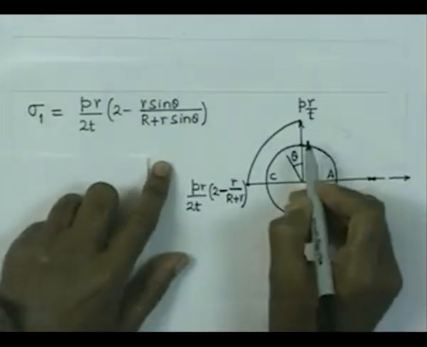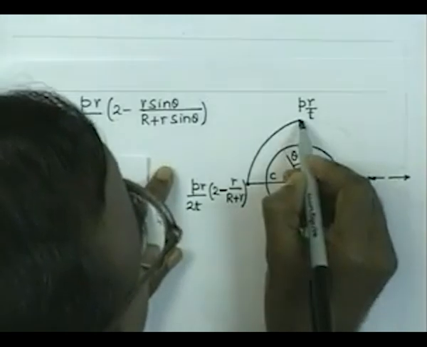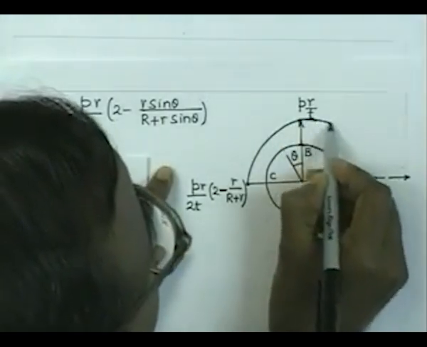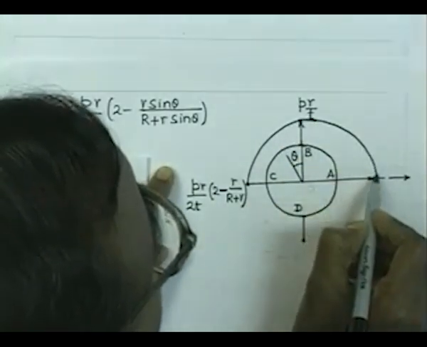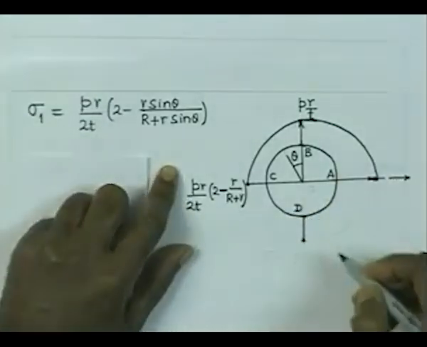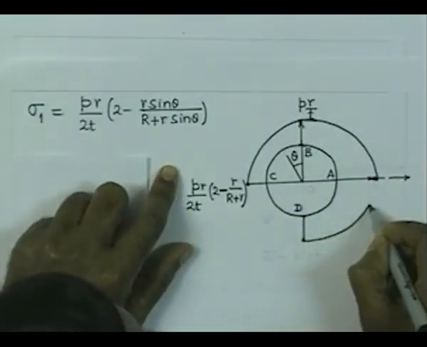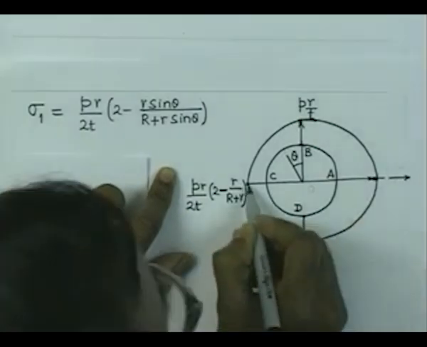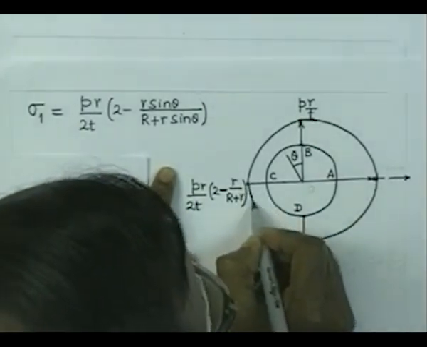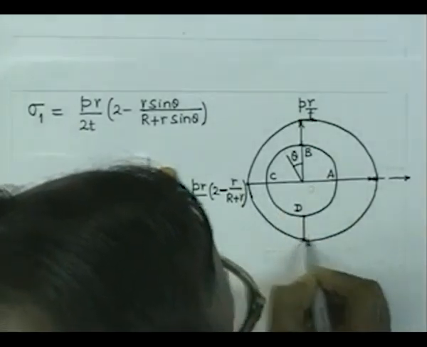So, therefore, the variation of stress, you find here, is gradually increasing, and you have the highest stress at this point. Similarly, the same picture is repeated here. So, this is this, and here this stress variation is like this.